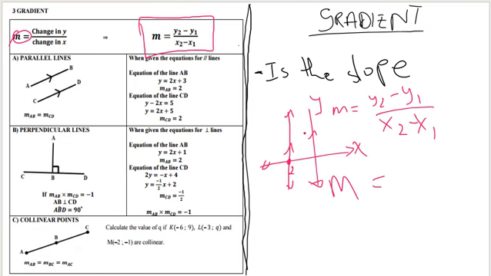Maybe we can have some points here, y2 is a and y1 is b, making an example. Then x is defined only at one point.